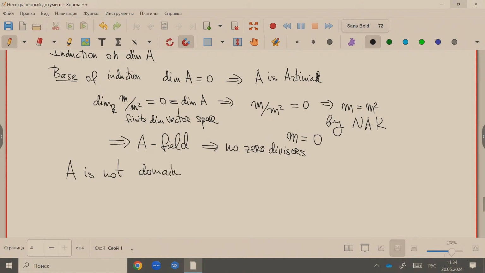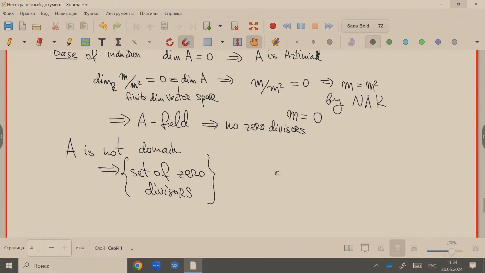So this means that the set of zero divisors is not trivial. So you have the set of zero divisors, and each zero divisor is what?